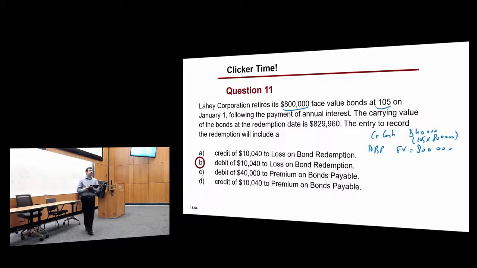So the difference between the face value and the carrying value: if carrying value minus face value is positive, that's a premium.